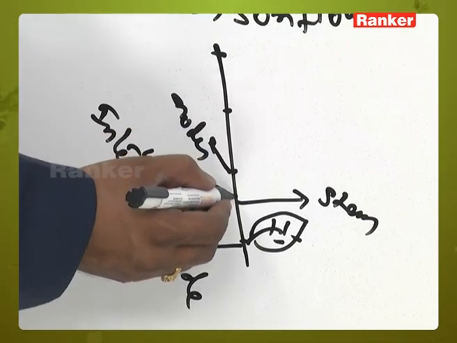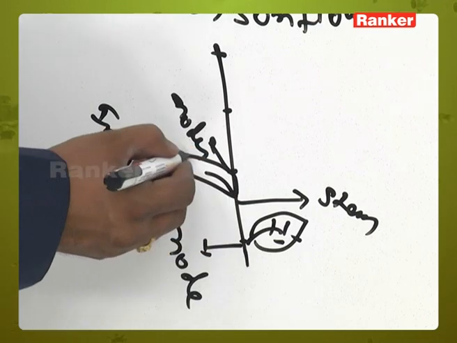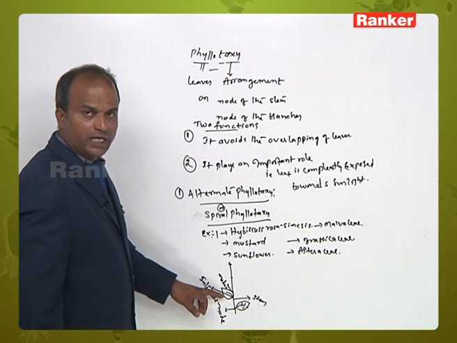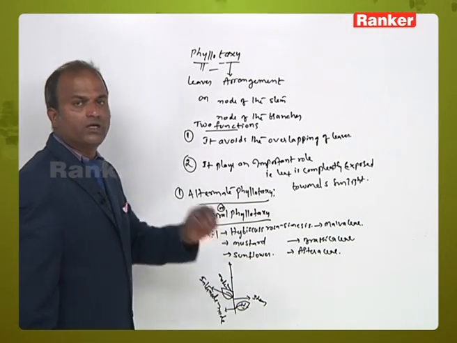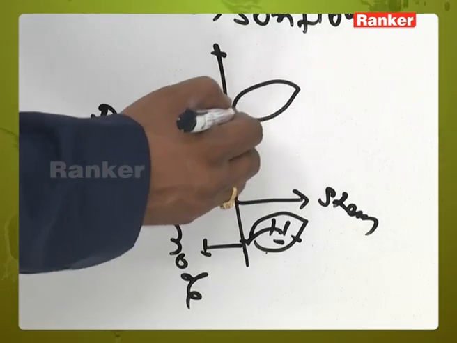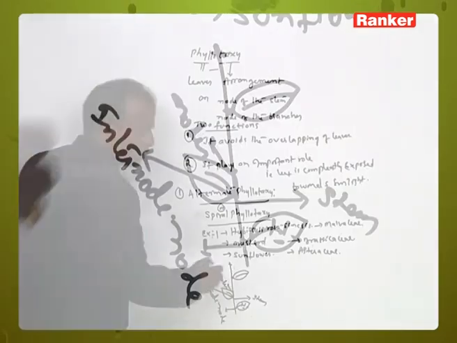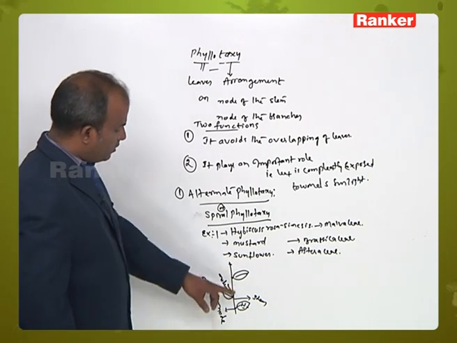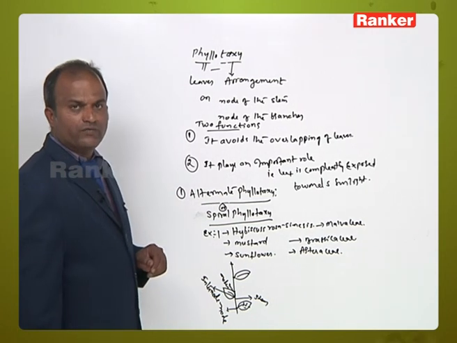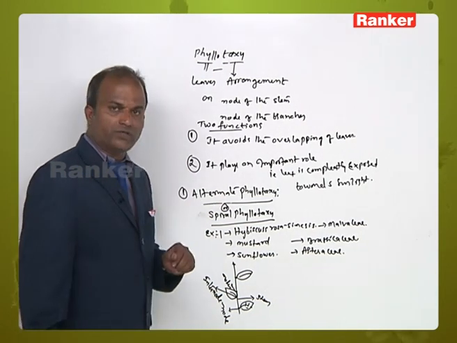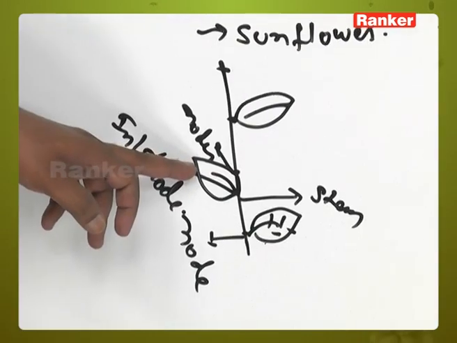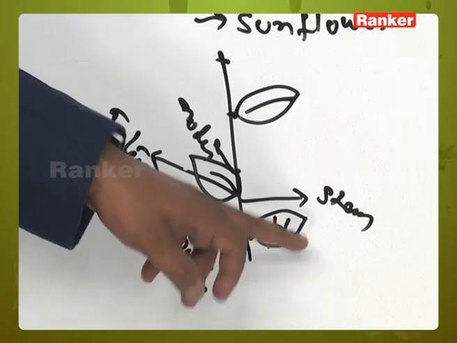From the second node, the second leaf arises opposite to the first leaf.